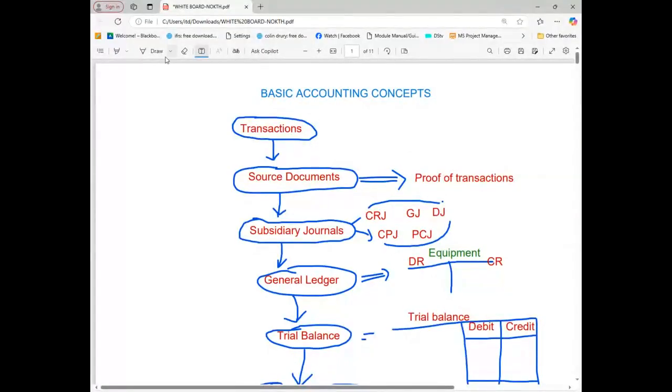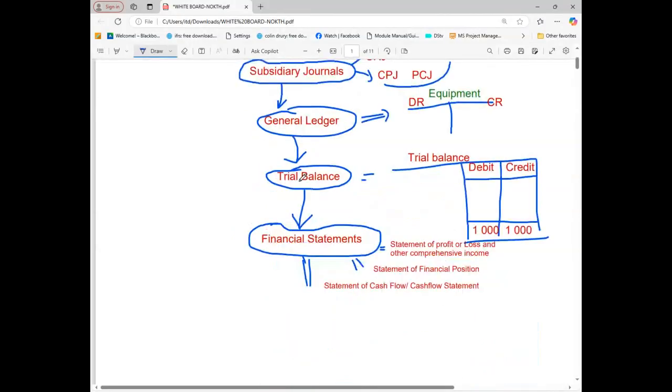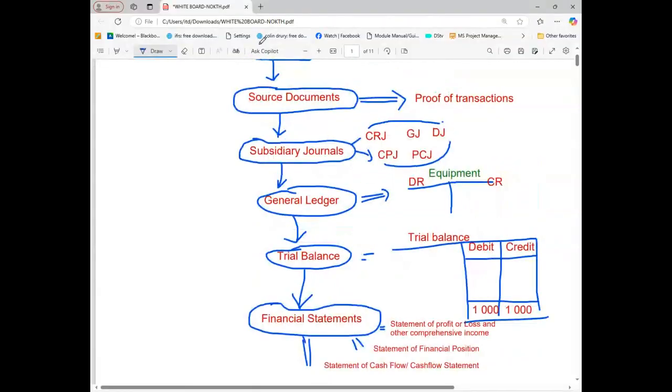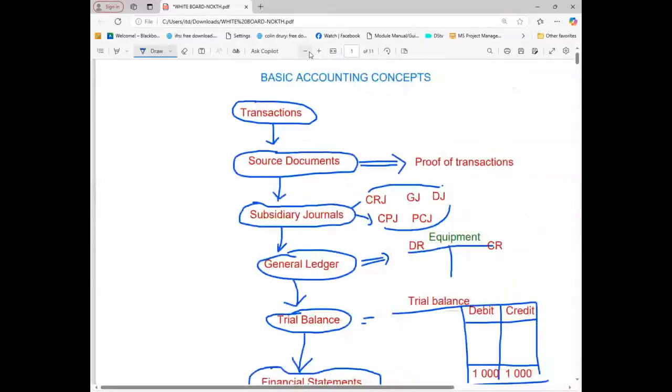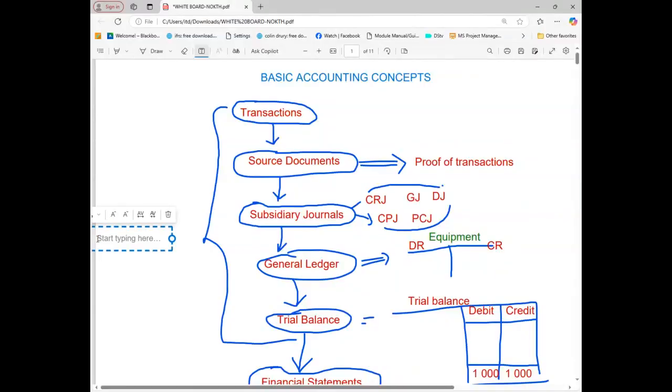So from transactions up to the trial balance, this is called bookkeeping. Did you hear what I mean? Everything from the transaction, from here up to here, we call bookkeeping or basic accounting.